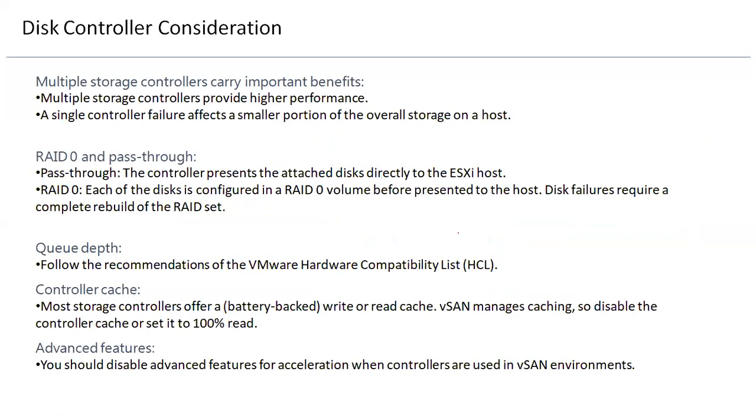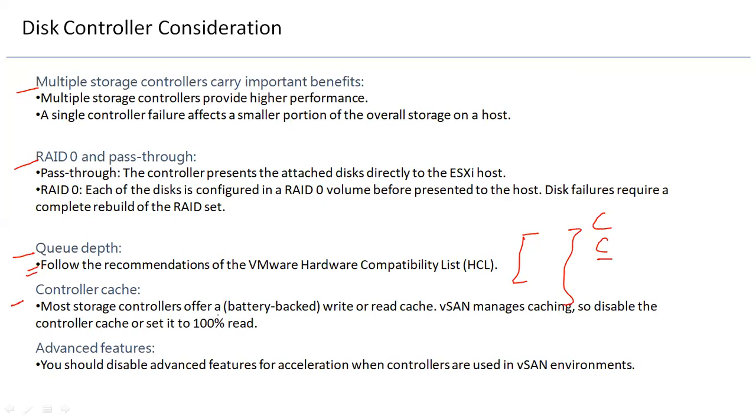When we talk about disk controller benefits, that's what we discuss here: multiple storage controllers, RAID 0 and pass-through, and queue depth. For queue depth, follow the recommendation in the VMware hardware compatibility list for the combination we are taking for our cache drive or capacity drive. Queue depth plays a very important role in storage performance.